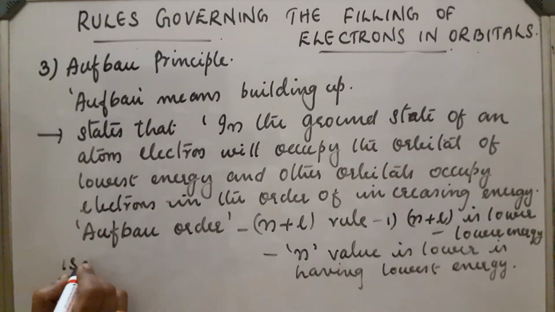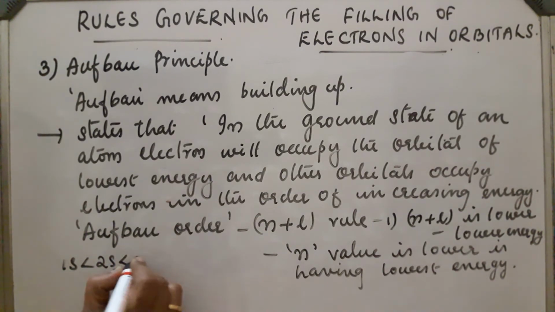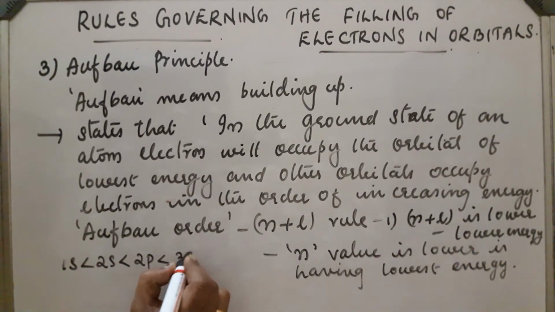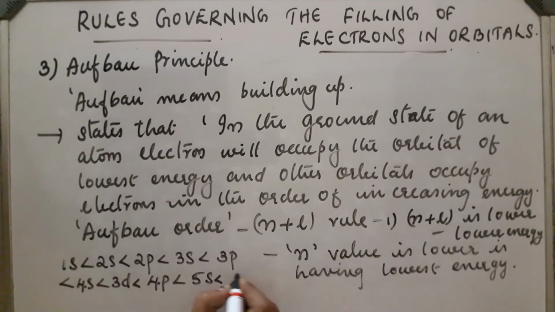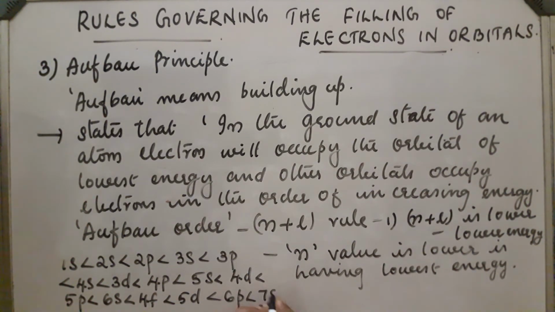First 1s has the lowest energy, then 2s, 2p, 3s, 3p, then 4s, 3d, 4p, 5s, 4d, then 5p, 6s, then comes 4f, then 5d, 6p, 7s, etc. This will be the order.